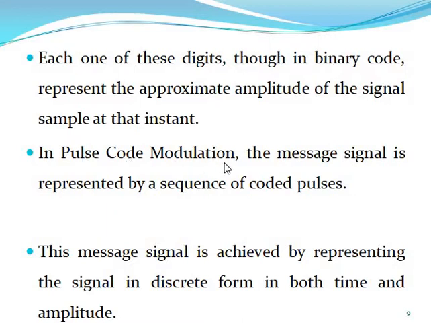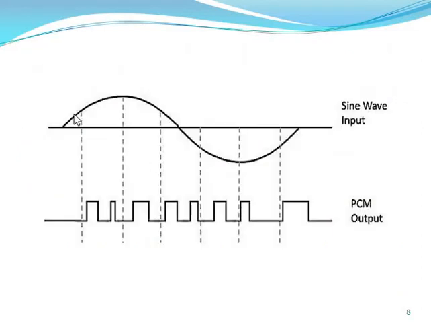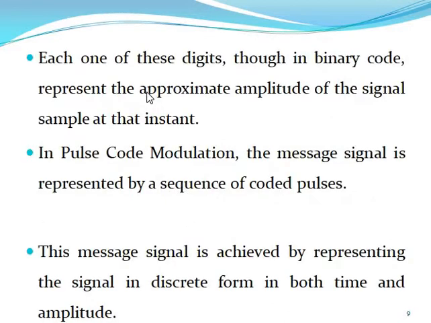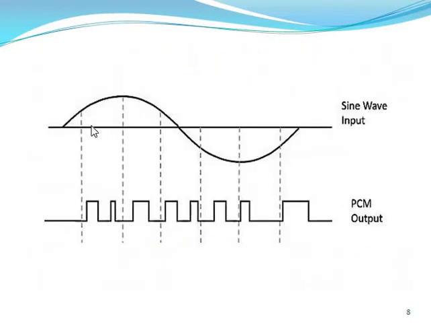In pulse code modulation, the message signal is represented as a sequence of coded pulses. So this is the sine wave and this is the PCM output. It produces the approximate amplitude of the signal for the instance. You can see that here.